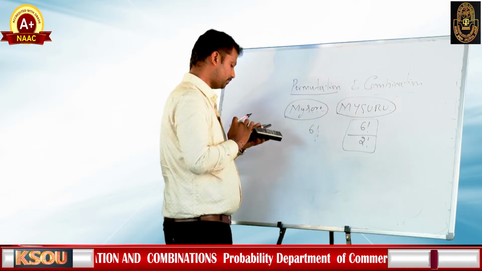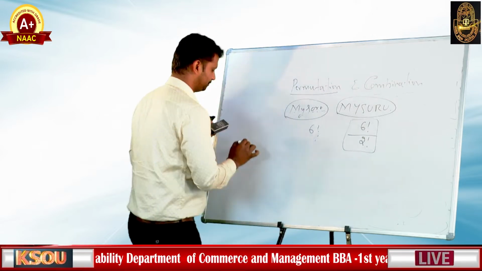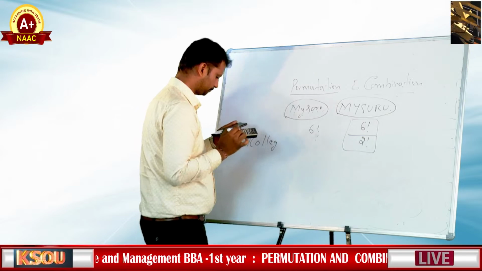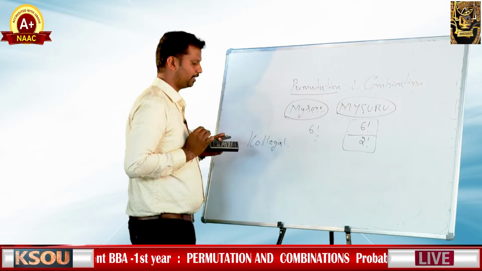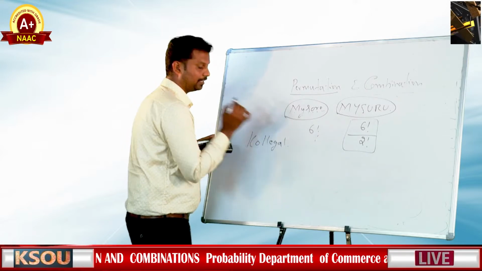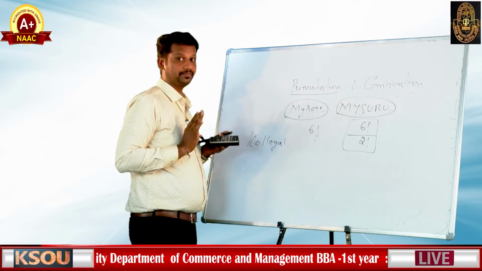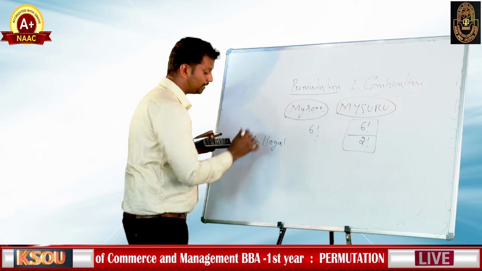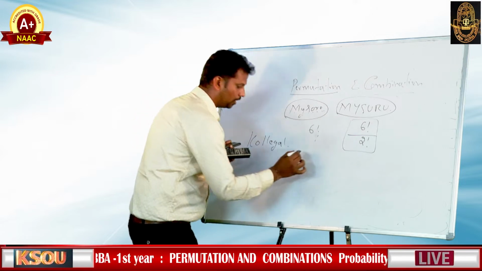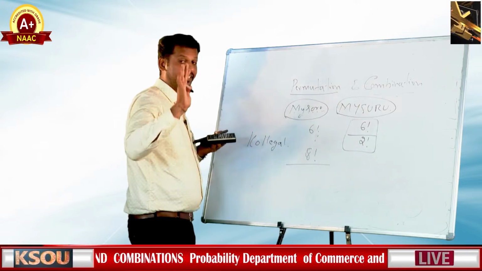In your study materials there is the word Kollegala. In this word, L is repeated 3 times. How many letters are there? 1, 2, 3, 4, 5, 6, 7, 8. So 8 factorial divided by 3 factorial, because L is repeated 3 times.